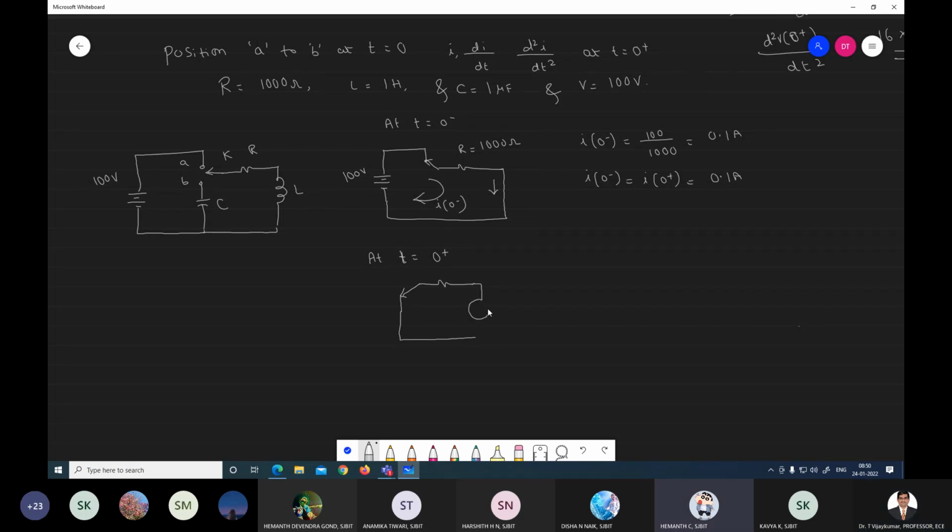And the current IL, whatever it is, will flow. That is 0.1 amps. It will be flowing, right? And this is your R. This is I of 0 plus. That's why I written I of 0 plus is 0.1 amps. The same current will be flowing. It will not change immediately. This is the concept why I of 0 plus is 0.1 amps.